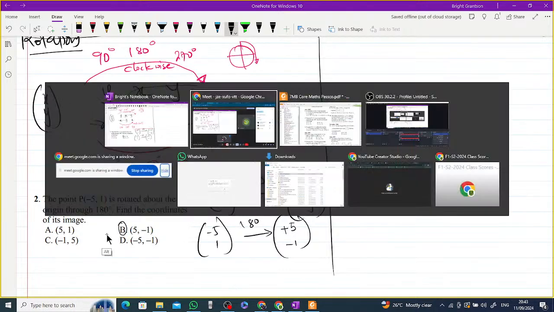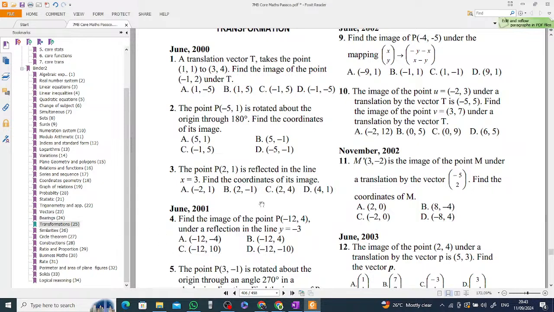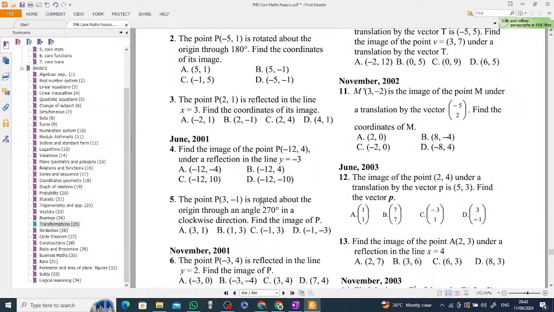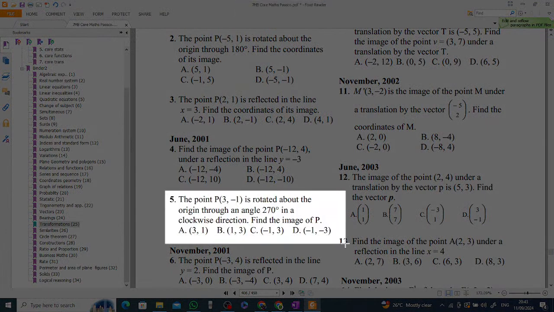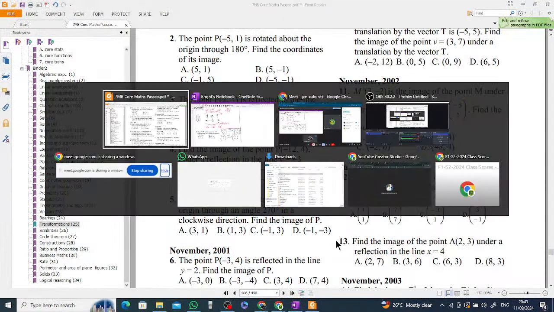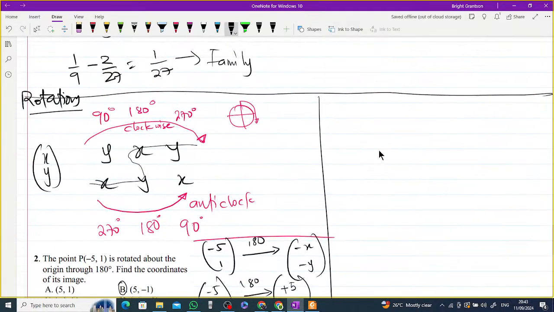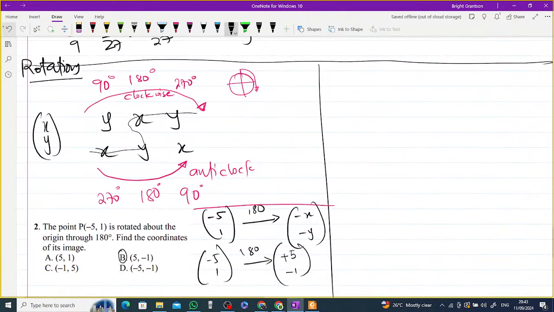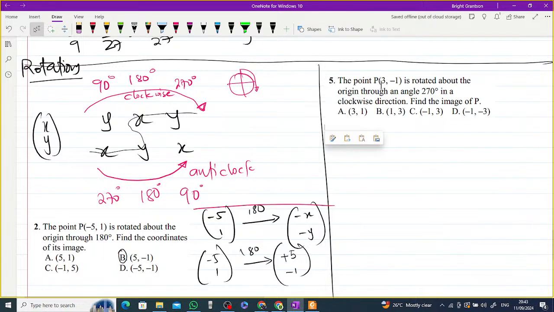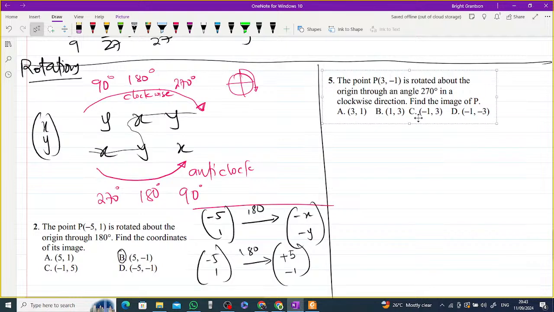Yes, sir. Very good. Let me see if I can get another one. So this one. The point 3, -1 is rotated 270 clockwise.